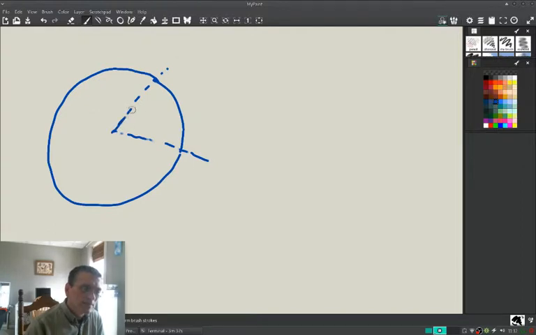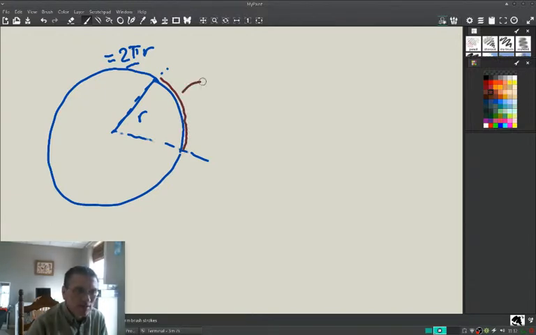If this was a radius, this distance on the outside is going to be, remember this? 2 pi r. Yes, your good friend. It's not a coincidence that radians are in 2 pi and you have 2 pi r here. We'll talk more about that with the unit circle. But this section of a circle, as long as it's definitely a circle part, is called an arc.